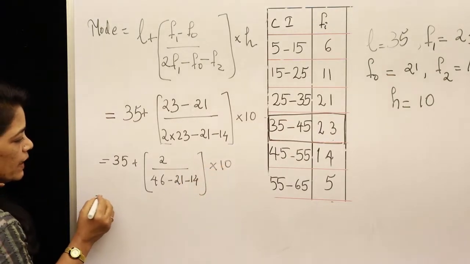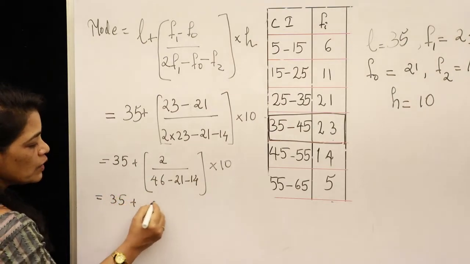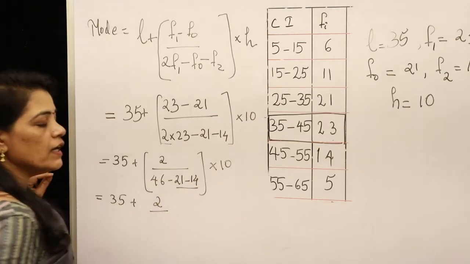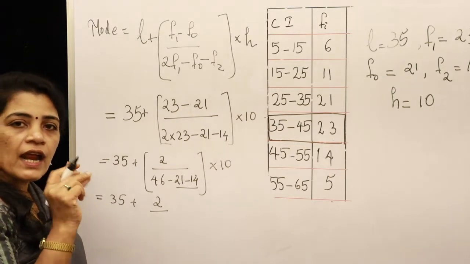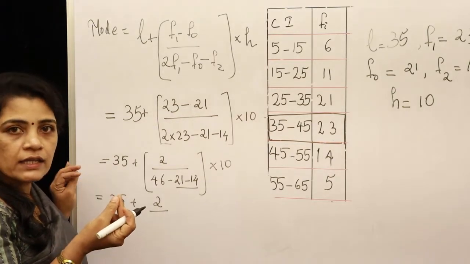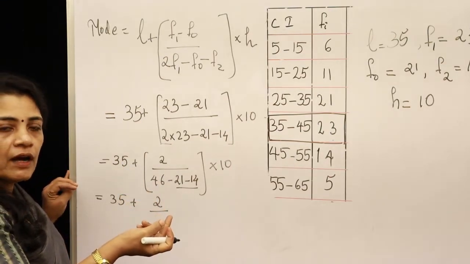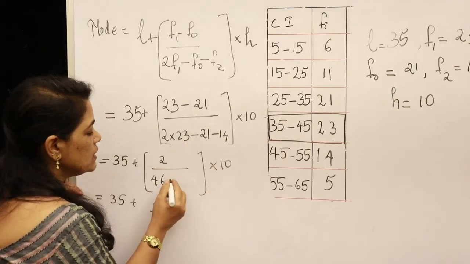Okay, again we can solve the denominator inside the bracket. Okay, 2 divided by, here 46 minus 21 minus 14. We are adding 2 negatives, so add and give a negative sign. Okay, so negative 21, negative 14 becomes negative 35, right? So negative 35.